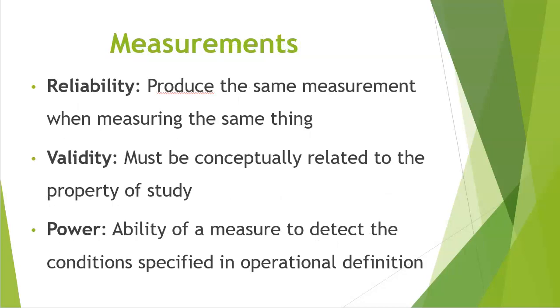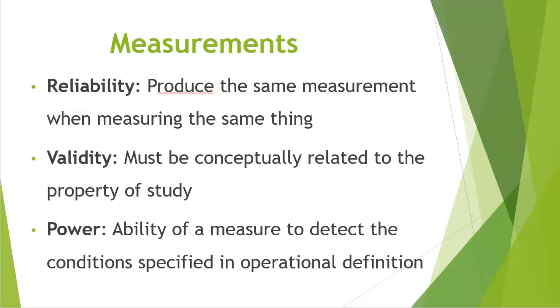Now, when we're looking at measurements, there are a few things you need to keep in mind. You're going to need to keep in mind reliability. So your measurements need to be able to produce the same measurement when measuring the same thing. In other words, if you give someone, say, a survey for mood, and you give it to them on a normal day A, and then you give it to them on normal day B, it should again be the same.